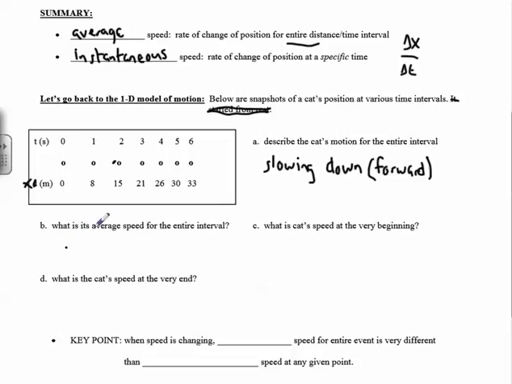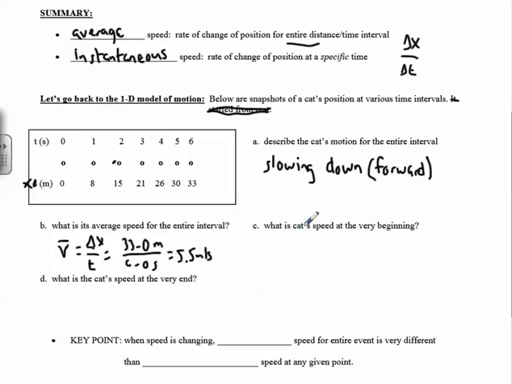So if we use v bar equals delta x over t, we've got 33 minus 0 meters divided by 6 minus 0 seconds. 33 divided by 6 is 5.5 meters per second. Pretty straightforward. In a sense, you're finding the slope of the entire event, even though you don't have a graph.